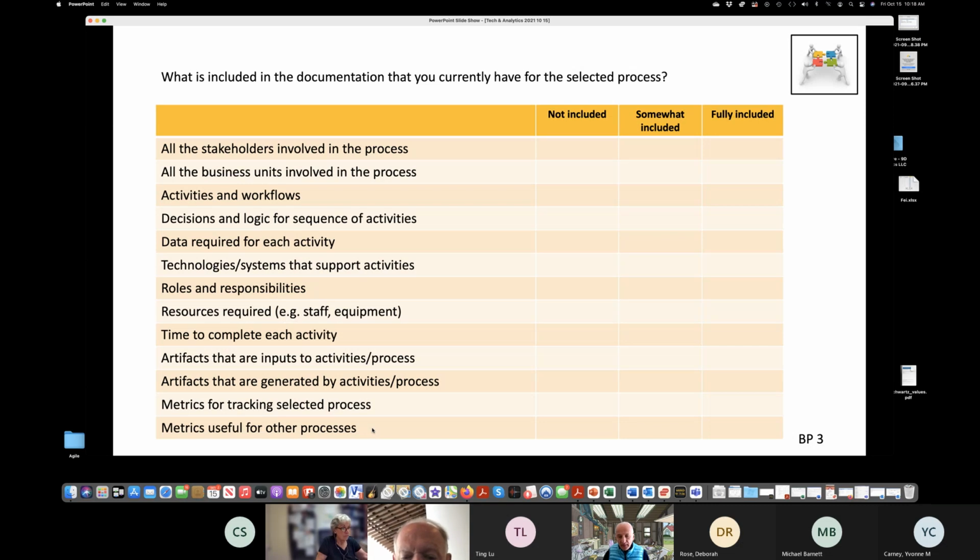Exactly. And if we're thinking about the risk, if the first question tells us that this is a big process with many people involved, and this question tells us that we have very little documentation about it, all of a sudden how we look at that improvement process changes.